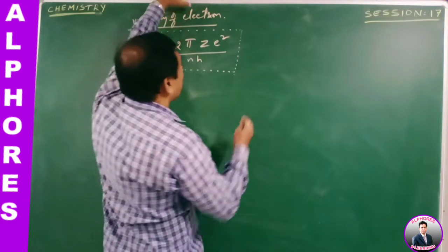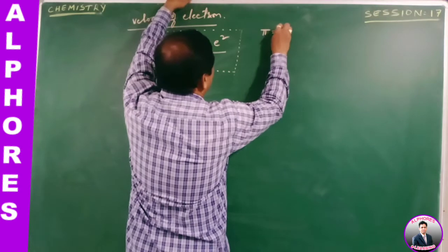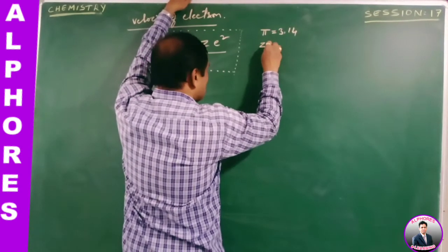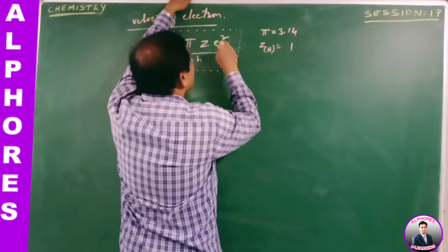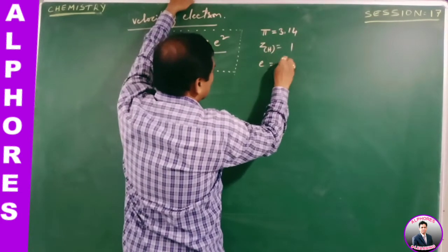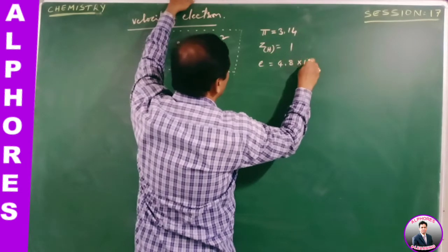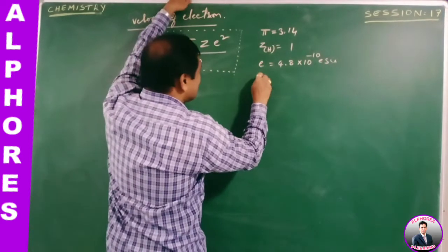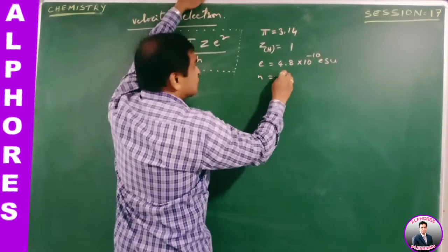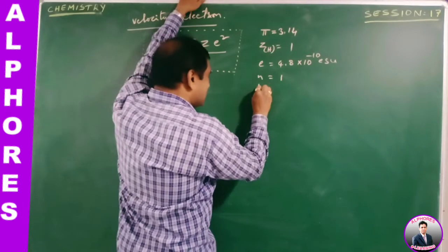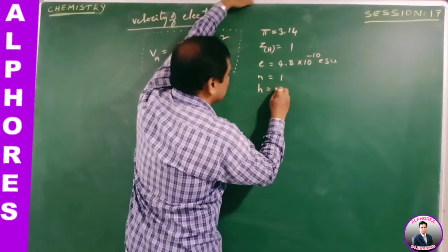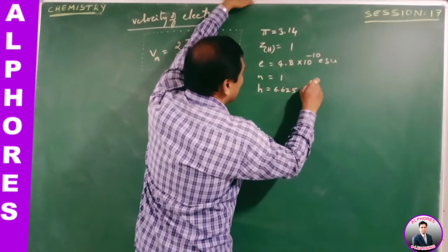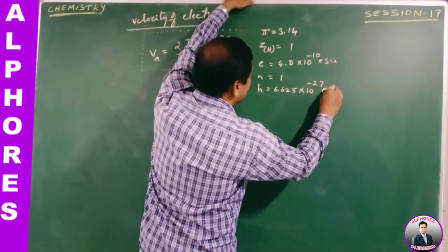Now let us see. Pi is equal to 3.14. Next, Z for the hydrogen atom is 1, the atomic number. The charge of the electron is 4.8 into 10 to the power minus 10 ESU, and n is 1, the first orbit of hydrogen atom, and h is Planck's constant, 6.625 into 10 to the power minus 27 erg seconds.